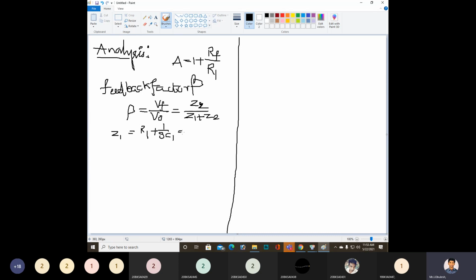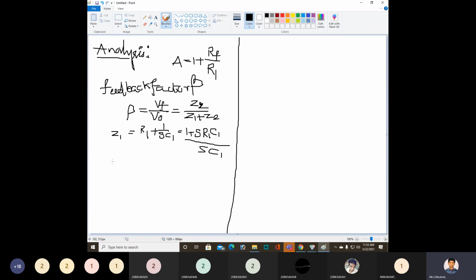Simplify this: 1 plus SR1 C1 by SC1. This is for Z1.